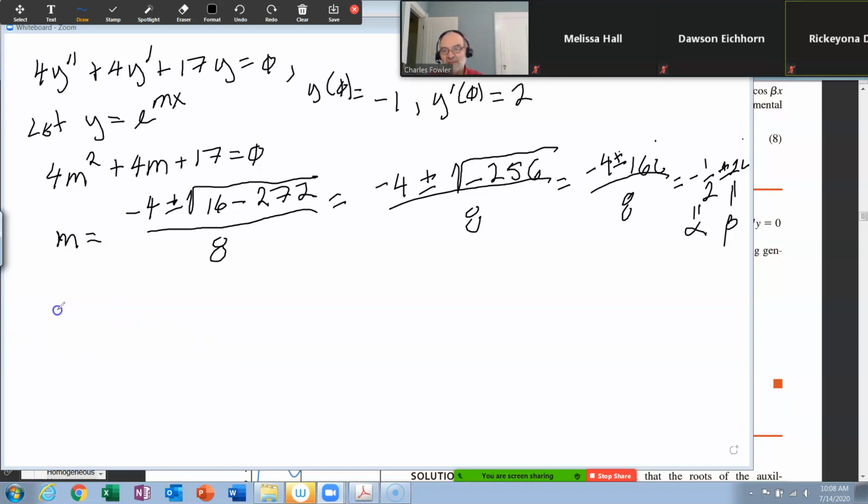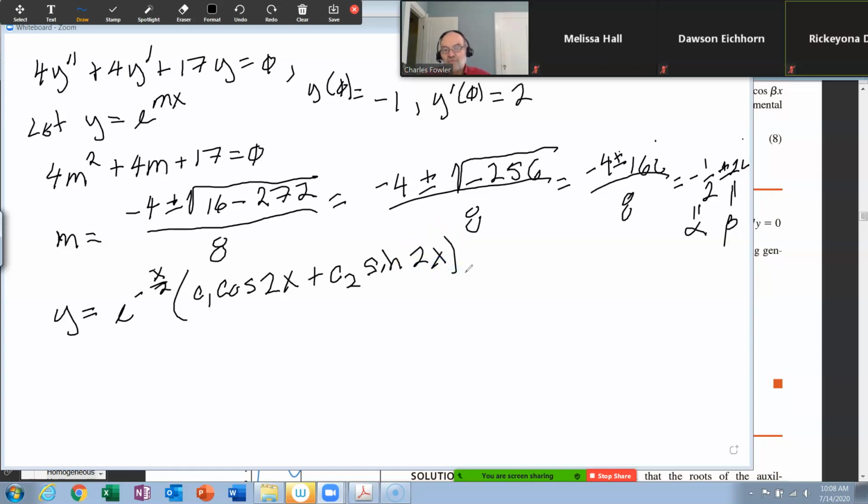The general solution would be y is equal to e to the alpha x, which is e to the minus x over 2, times, open parentheses, c1 cosine, beta is 2, 2x plus C2 sine of 2x. There's your general solution. But we have an initial condition.